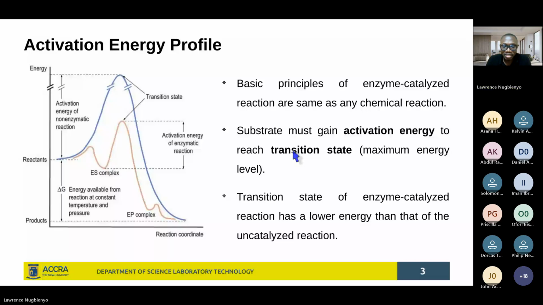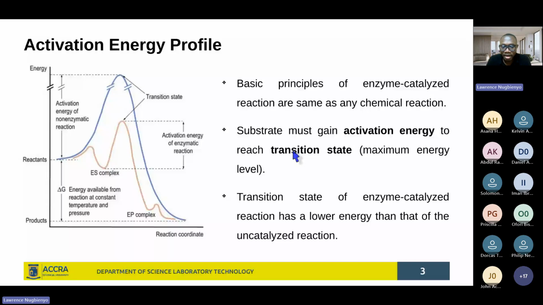So if you say sucrose or glucose, glucose is existing at a certain stable energy state. If that stable energy state was not there, then that compound will not be existing in the first place.